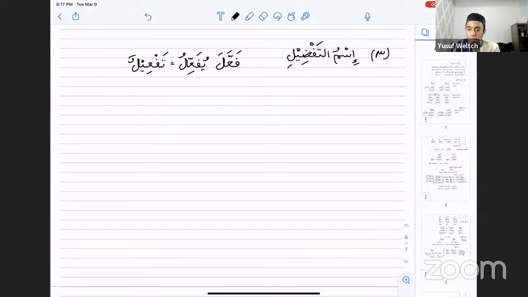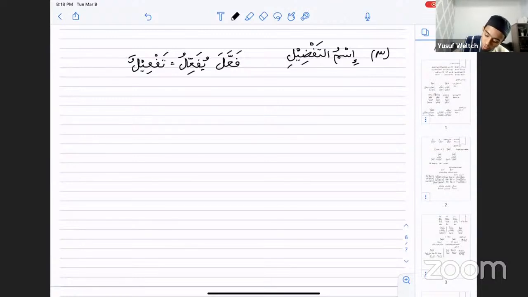Fa, da, lam. Good. So faddala, yufaddilu. Tafdil means to give someone precedence, to give someone preference, to favor someone over another.